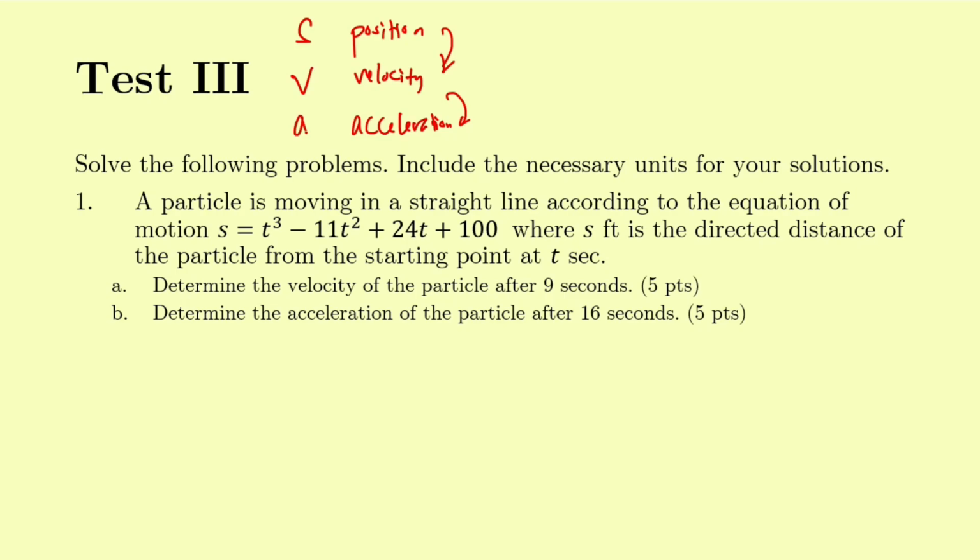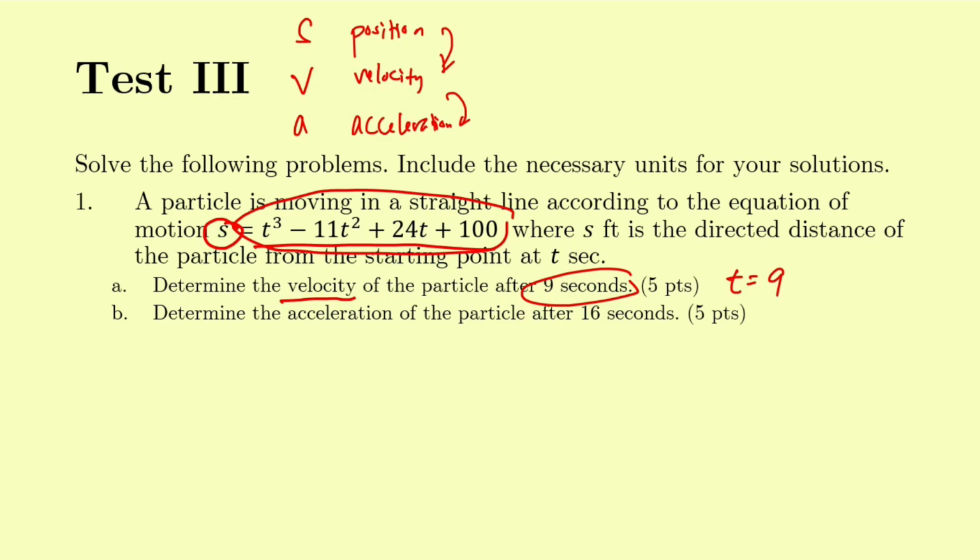In this case, we are given the equation of motion denoted by s, which is the equation of the position of the particle. To find the velocity of the particle after 9 seconds, we need to find the derivative of this function and then evaluate at t equals 9.